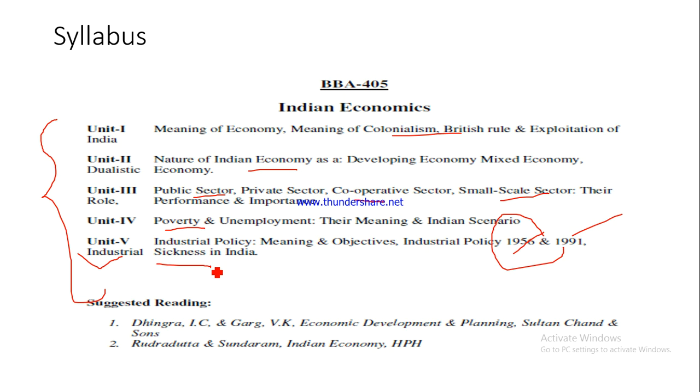For a sustained period of time, if a business firm does not earn profit, then it becomes difficult for them to survive, and this is known as industrial sickness. So we'll understand what we basically mean by industrial sickness, technically what is the definition of industrial sickness, what are the reasons behind it, and what happens when a particular business grows sick, what is its impact on the overall economy. So this would be the discussion in Unit 5, right?